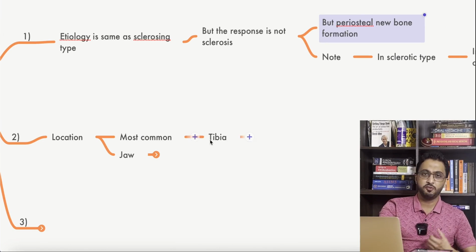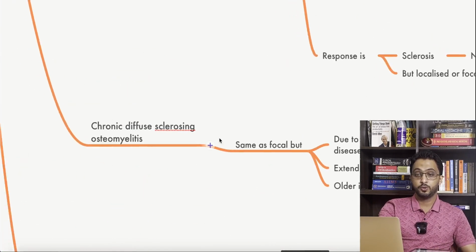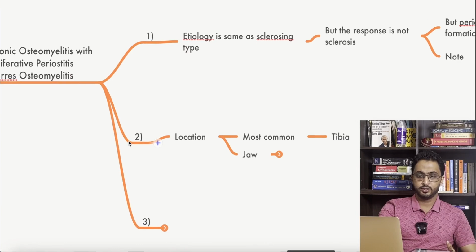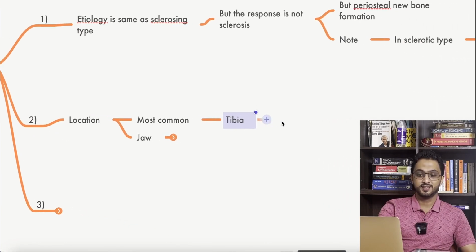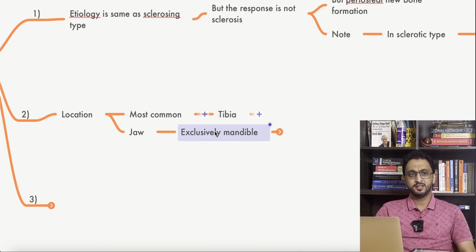It's tibia. It's not your jaw, say your Schaefers. If you see other types, especially focal sclerosing, one more thing: focal sclerosing osteomyelitis, another name is condensing osteitis. I've already said this in the previous lecture. So here it is tibia. Very important question. In case of jawbone, it is exclusively in the mandible. Please understand, most of the osteomyelitis, if not all, is seen in the mandible only.